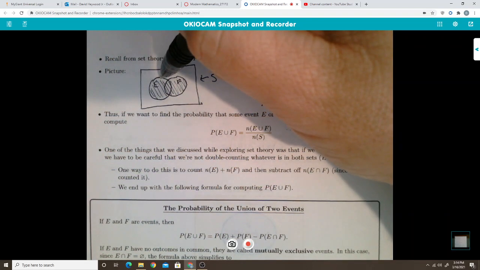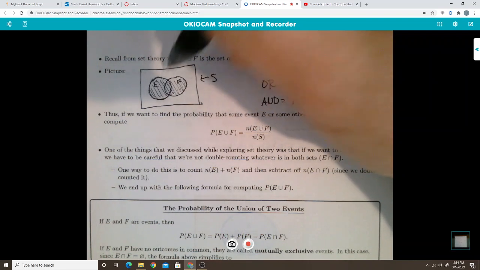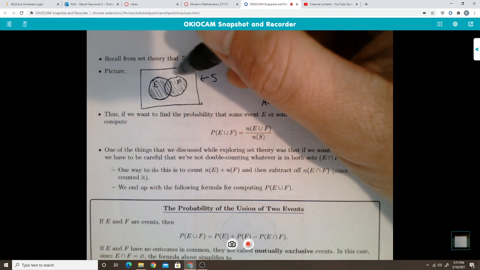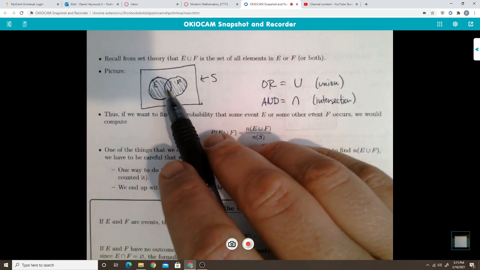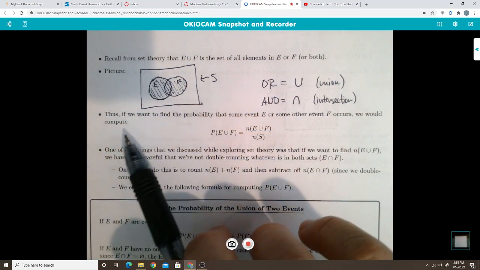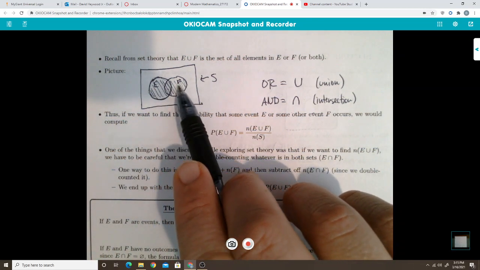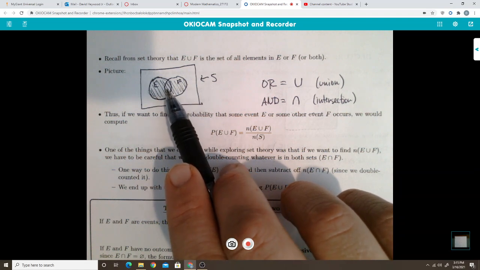Let's say that E has like 10 things in it, 10 elements. And let's say that F has like 15 elements, but they share 5 elements in common. So if you say the number of elements in E union F is 10 plus 15, well, you're going to be wrong, right? Because you double counted the 5 here.